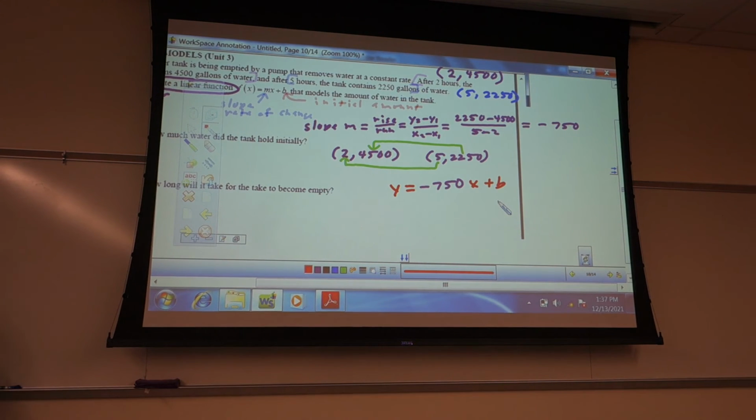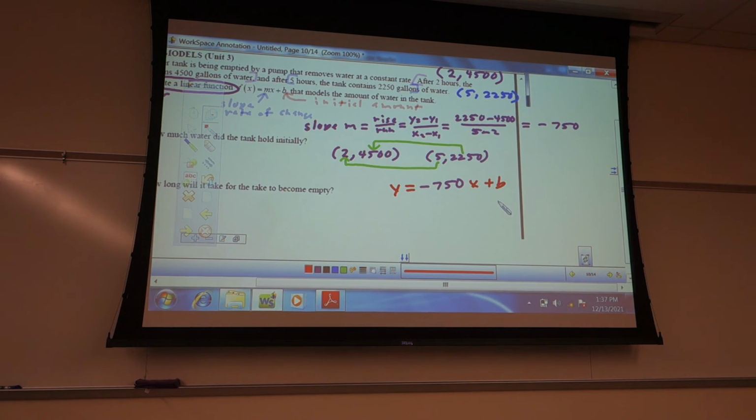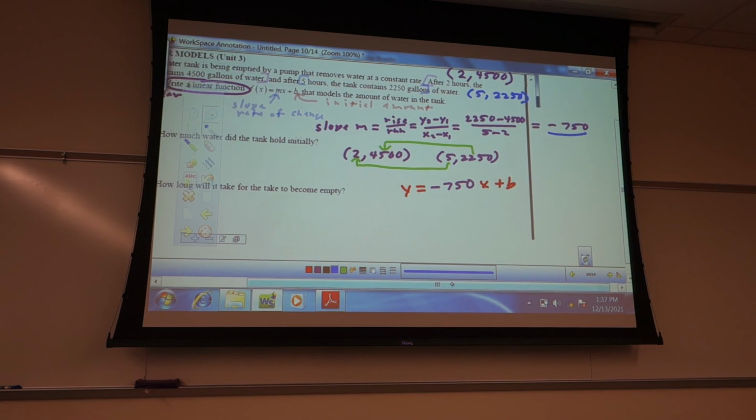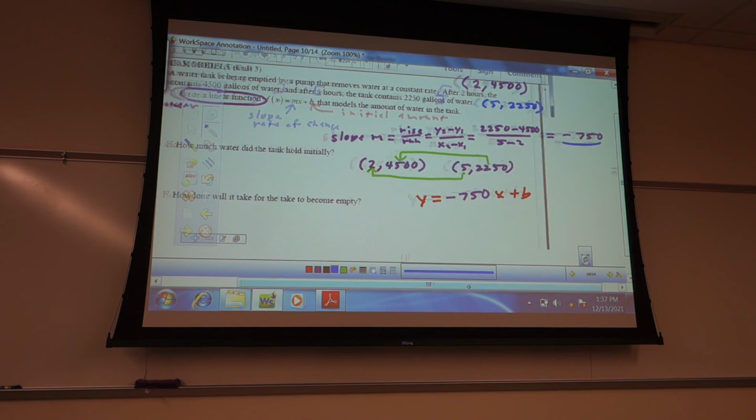Does everybody go with how we found the slope? Ooh, and I might ask you to interpret the slope. What does this mean in the context of the problem? Negative 750. What does that mean? What did you think? Water you're losing an hour?